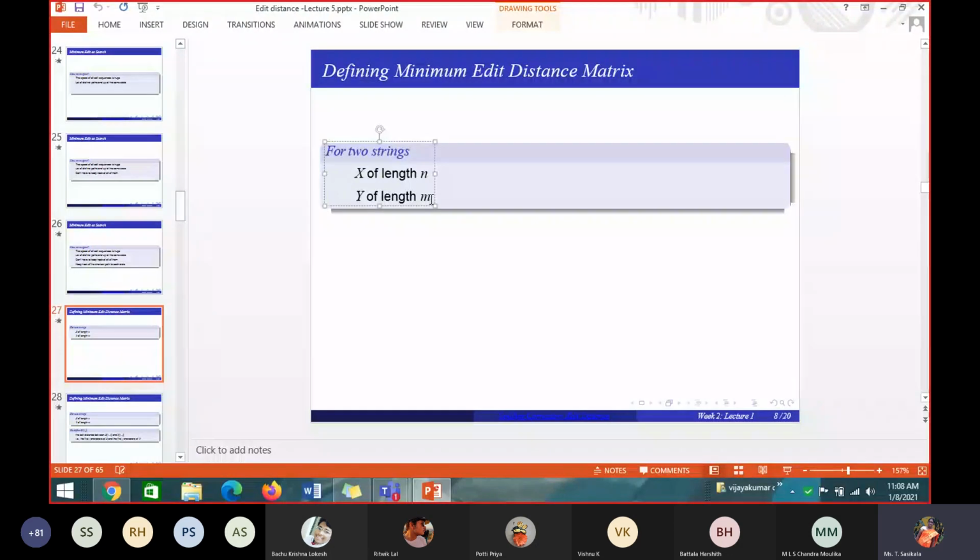The first string is the input string, called X, and the other string, generally for the algorithm, I call Y. X is of length N, meaning N represents the number of characters present in string X. Y is of length M, meaning M is the total number of characters present in string Y.